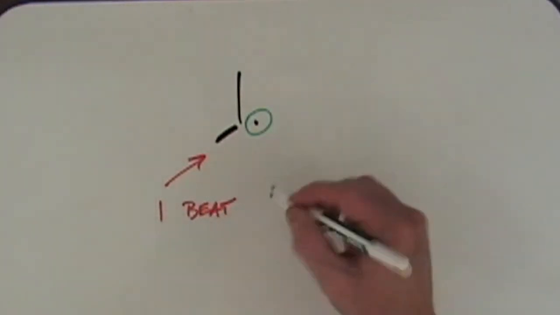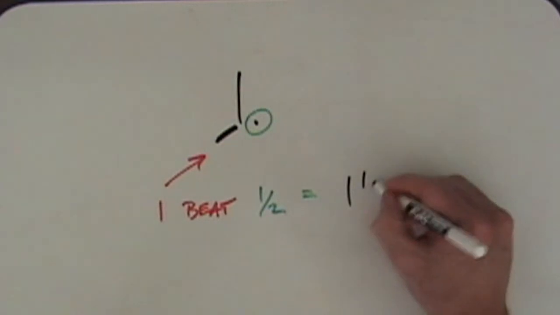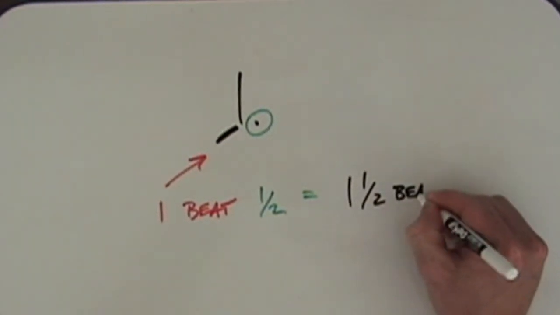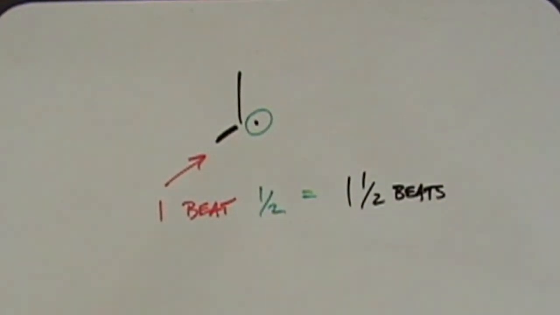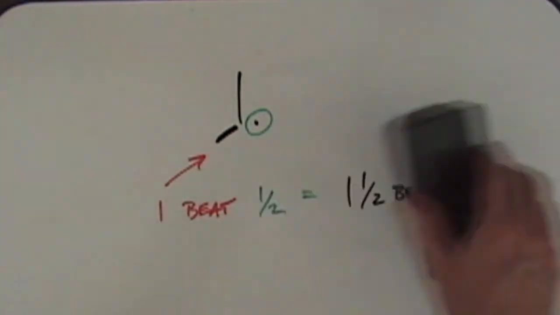So 1/2 of 1 beat is 1/2 a beat. So the total value for the dotted quarter note is going to be 1.5 beats. Very simple. You'll see all types of dotted rhythms.